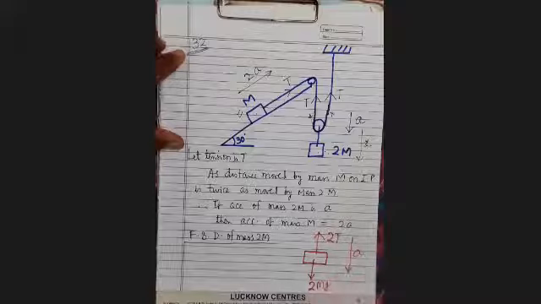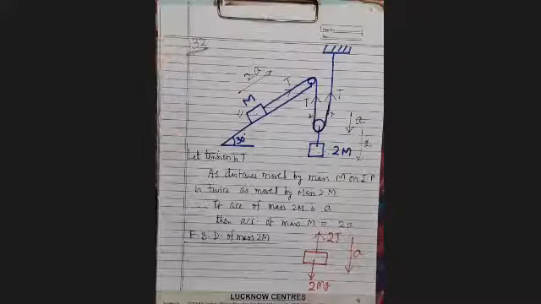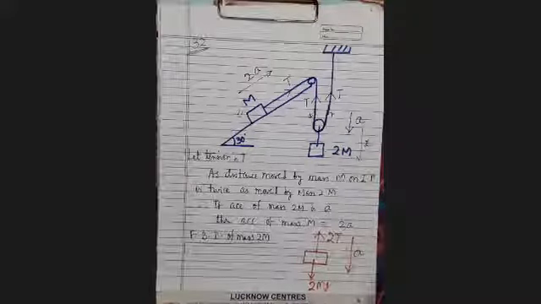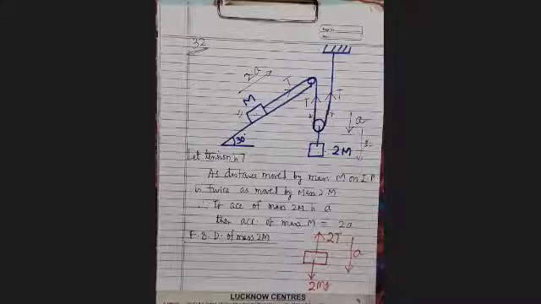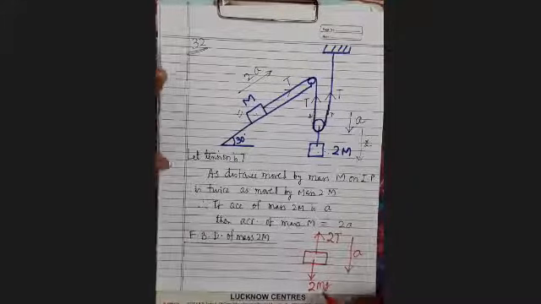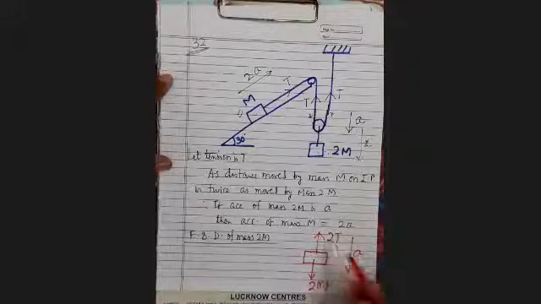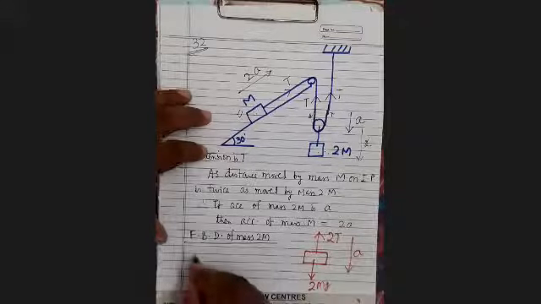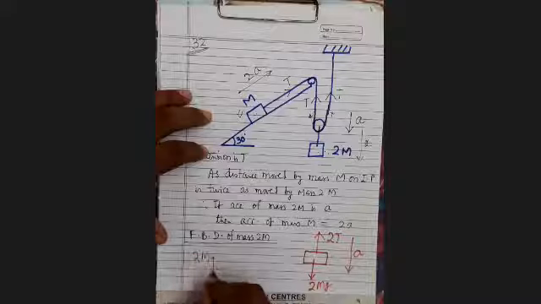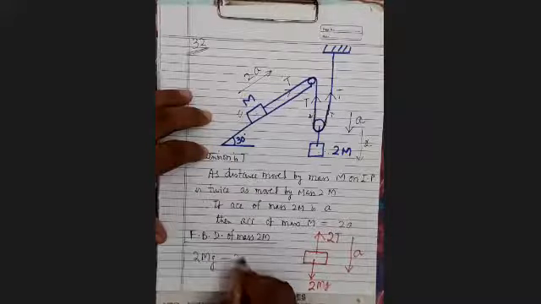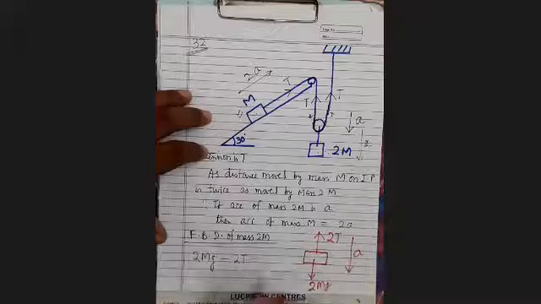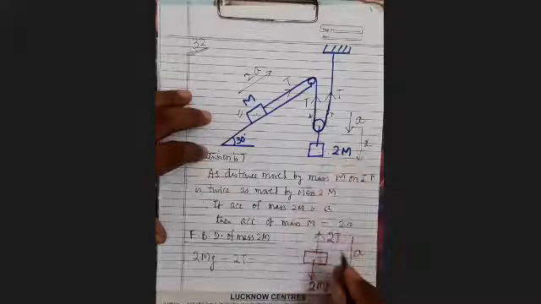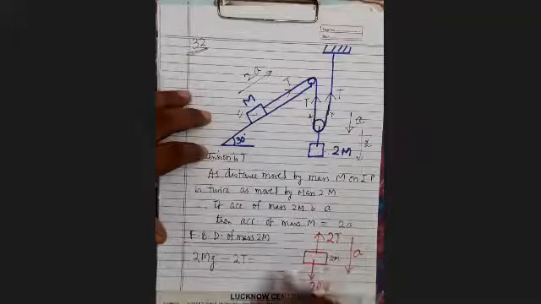With acceleration a. Therefore, which force will be bigger? You can see here 2mg will be bigger and the other will be smaller. So what will be the equation of motion? It will be 2mg minus 2T equals 2m into a, as its mass is 2m.